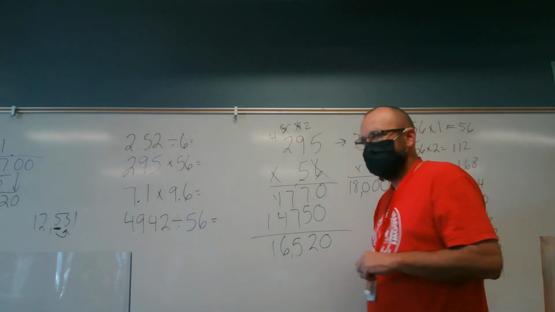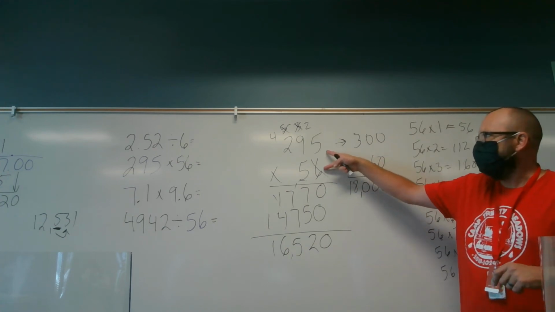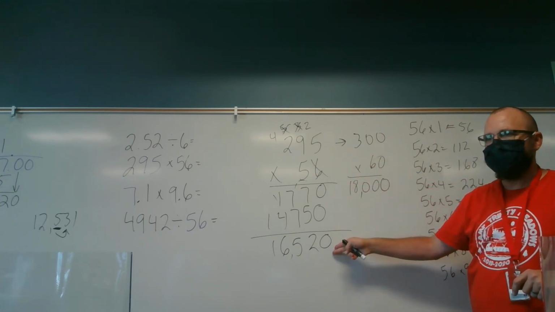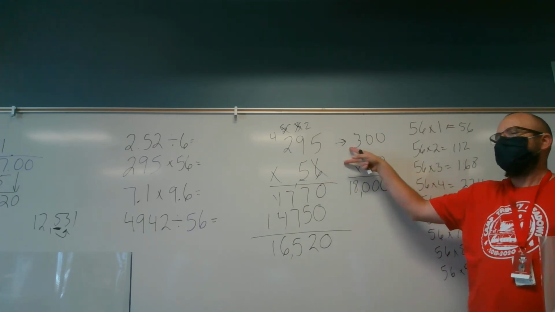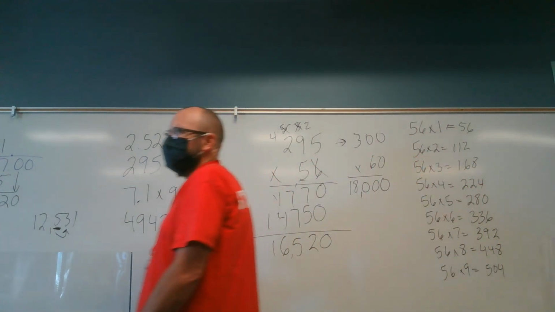Is it close to 18,000? Yeah, we moved both of these up, which means our actual answer is going to be less than our estimate because we moved both of these bigger.